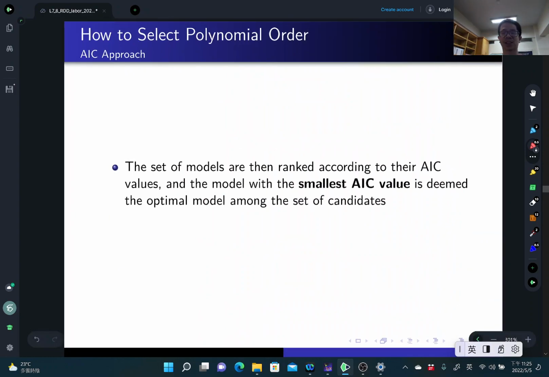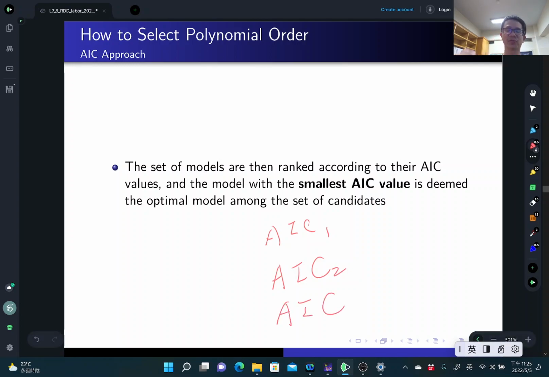So in practice, usually you can use a linear term to control the relationship between the assignment variable and your outcome, and that will give you one AIC1. If you use a second order polynomial term, you get another AIC value.